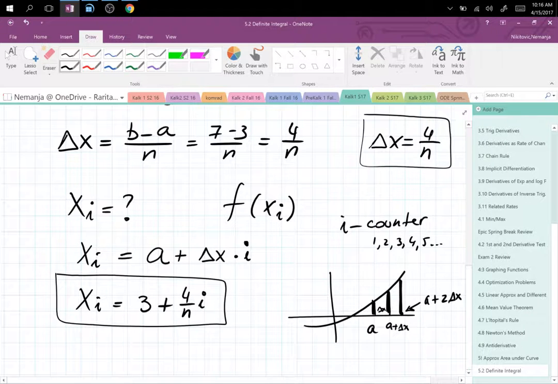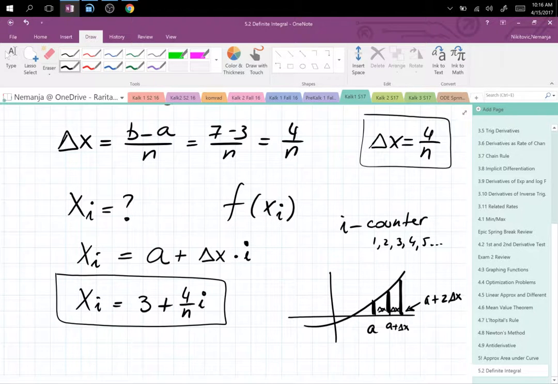Each one of these is delta x. You start with a, in our case 3, and when you add delta x, you arrive at the next value. If your delta x is 1, it will be 4. If your delta x is half, it will be 3.5, and so on. Then you add 1 more delta x, which is 2 delta x altogether, to get to the next point. Then 3, then 4, then 5, and the next point, and the next point.